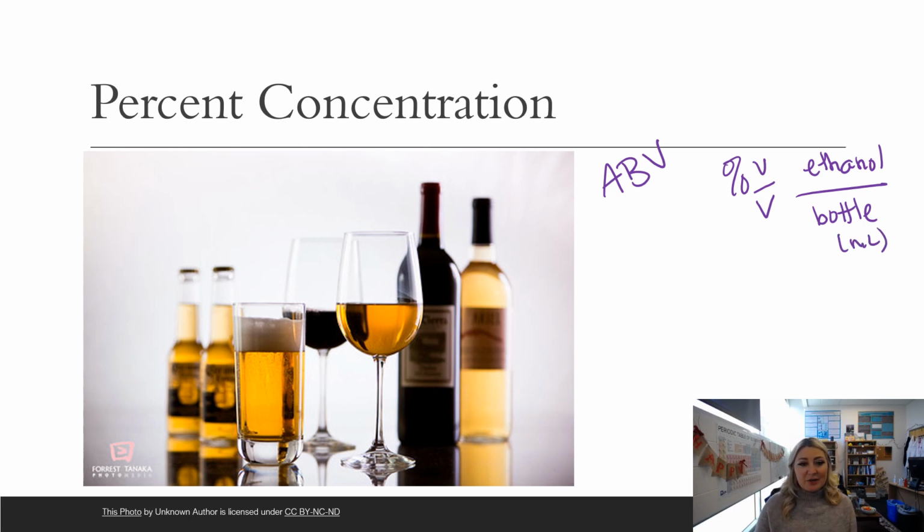So it's literally a percent. And that's how we report the ethanol or the alcohol content. And so wine is typically a 10 to 13% volume ethanol per however many milliliters you're reporting it. Beer tends to be 3 to 5%, although all of these craft breweries are really pushing that range up higher.